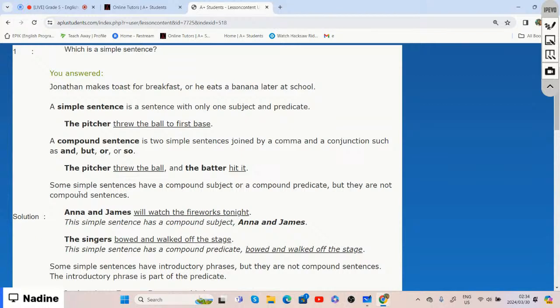Yes, the compound subject. Then it also says, the singer bowed and walked off the stage. So we say that the simple sentence has a compound predicate: bowed and walked off the stage. It's like two predicates that are joined by a coordinating conjunction, which is and. Right?